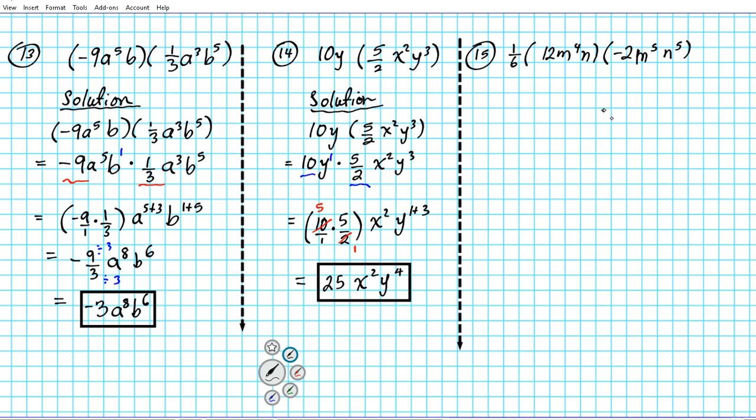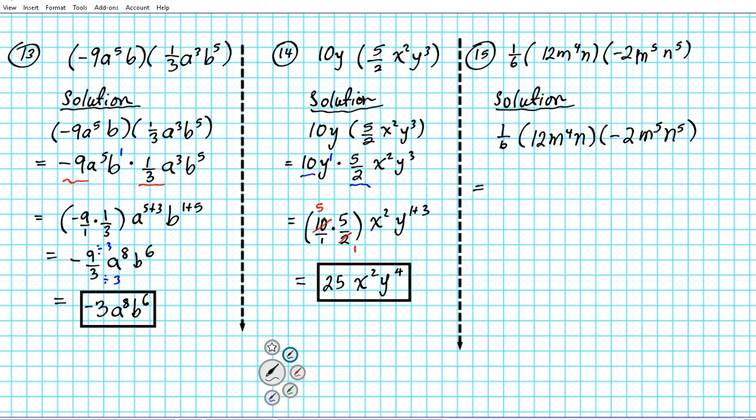Let's do that. All right, so how are we going to do this one right here? Let's rewrite the problem. So we have 1/6 times 12m to the fourth n times negative 2m to the fifth n to the fifth.